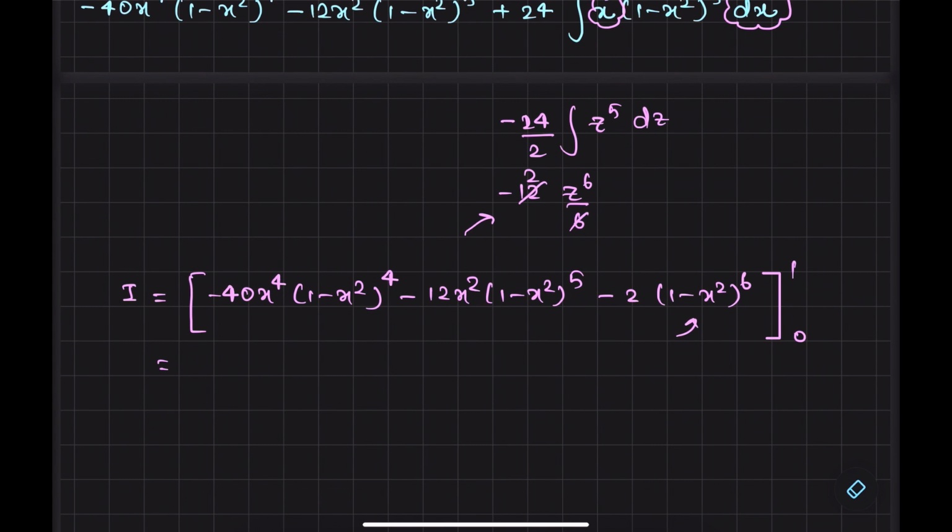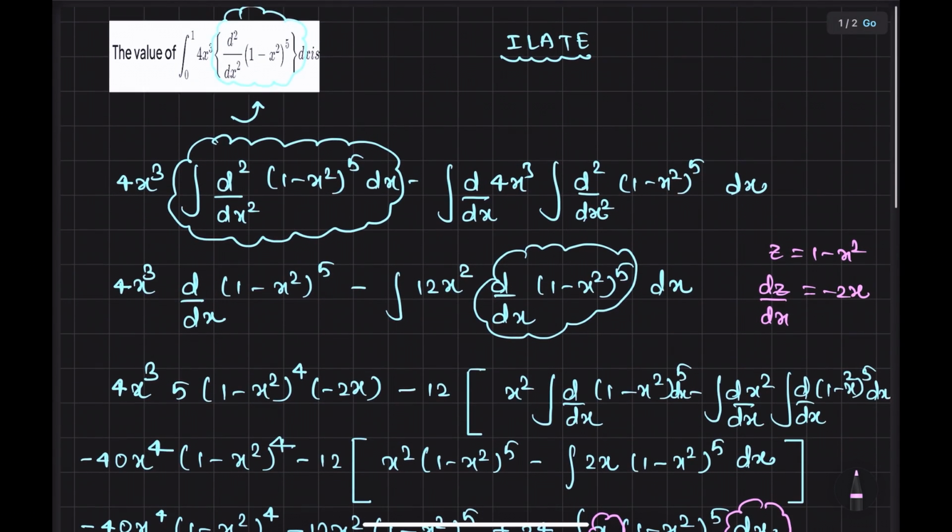Okay, now put the lower limit. If you put the lower limit, this thing will become 0 x power 4, this thing will become 0, and this thing will have something. So it is upper limit minus lower limit, so that thing will become plus of 2. So the required answer is 2. I hope the idea is clear, and if you have similar situations, you can handle them accordingly.